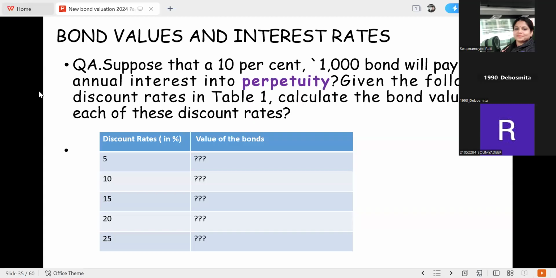Now you can see, visible, no? Yes, now it's showing. That was a lag. So now let us proceed.